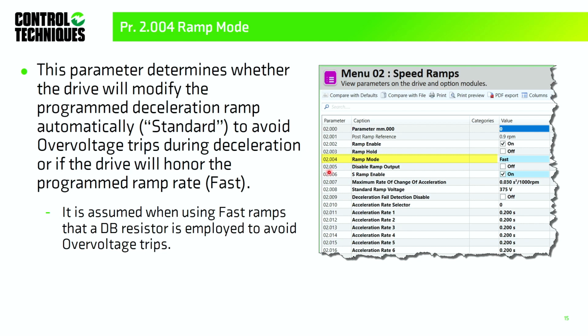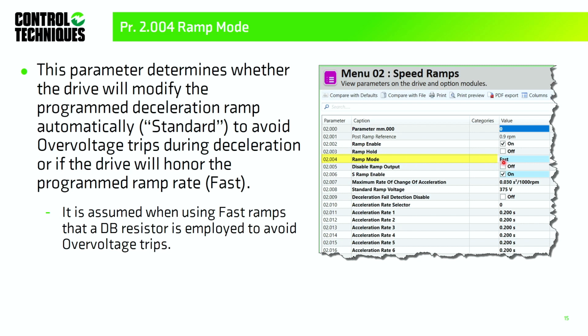And in a nutshell, when you're using a standard ramp, the drive monitors the DC bus voltage, and during deceleration, if it detects that the bus voltage is rising to an unacceptable level, it will modify the desired deceleration ramp to try to avoid the drive tripping. Well, when I have a servo motor, I can't have that. I want 100 millisecond decel.